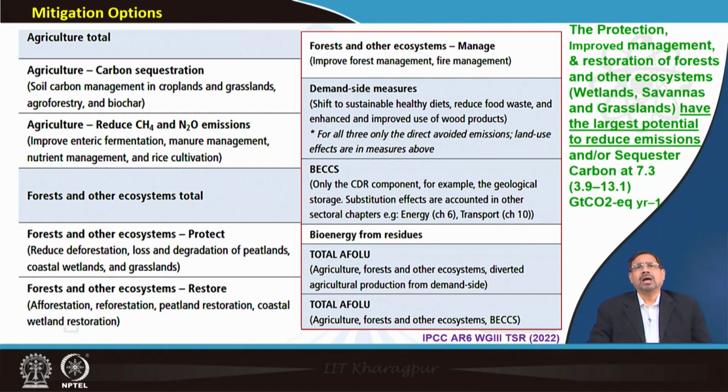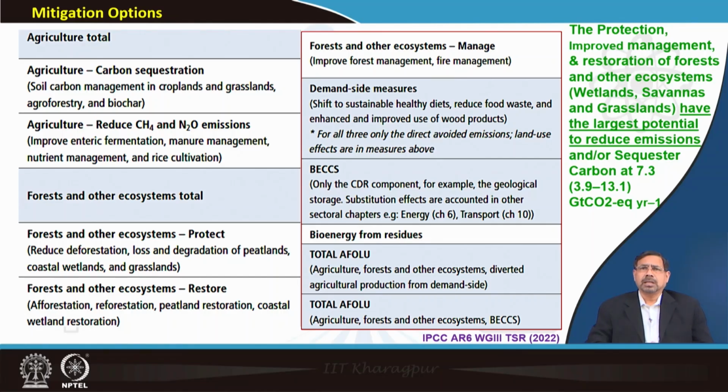Now coming to the energy, or you say the bioenergy. As we discussed, if we manage well, then perhaps through the energy sector we are contributing towards mitigation of climate change. Then bioenergy from residues and the total AFOLU, in terms of agriculture, forest and ecosystem.